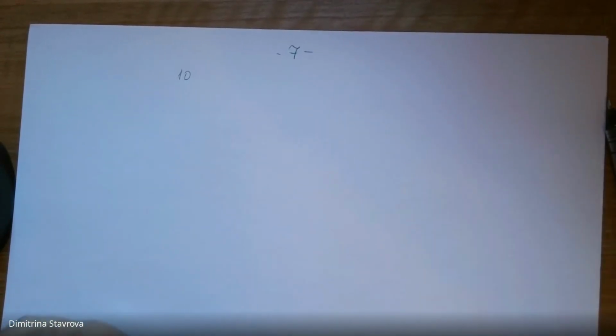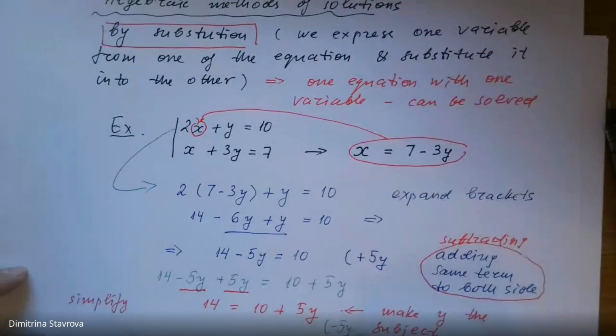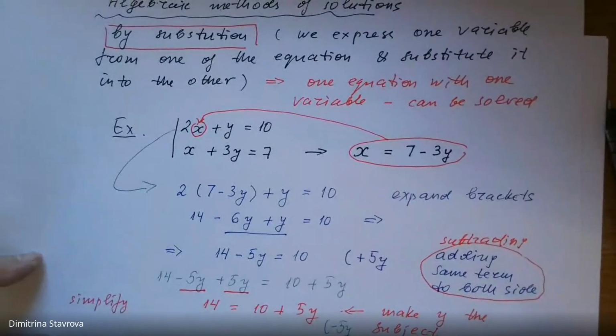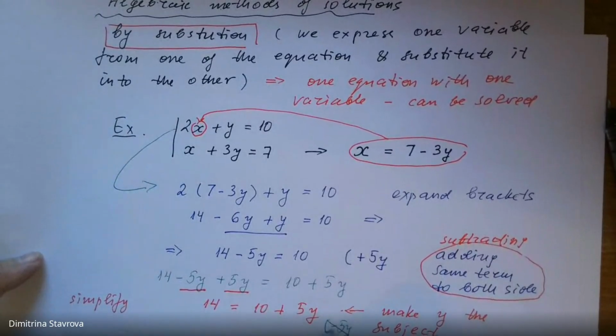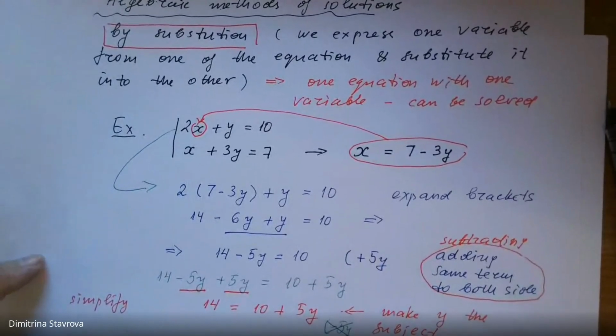I'm deeply sorry. You should have told me that this is not correct. We want to make 5y the subject. If we subtract 5y, we will make 10 the subject. But if we subtract 10, we would make 5y the subject.